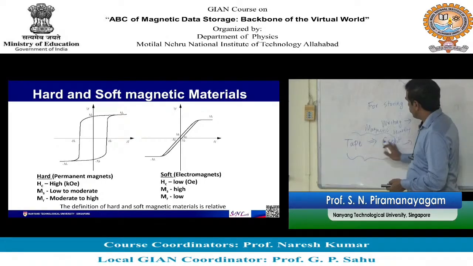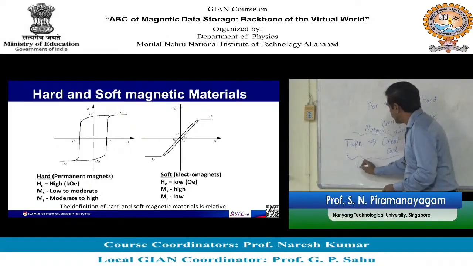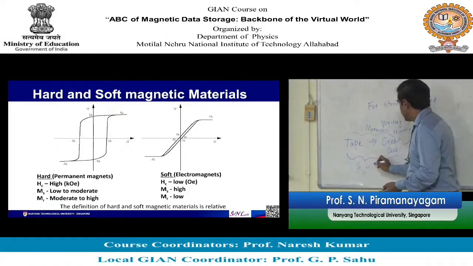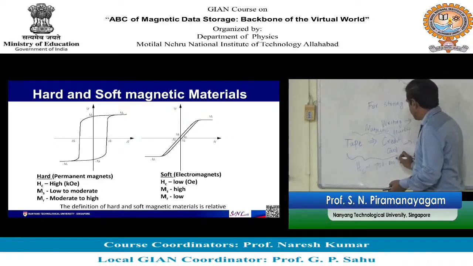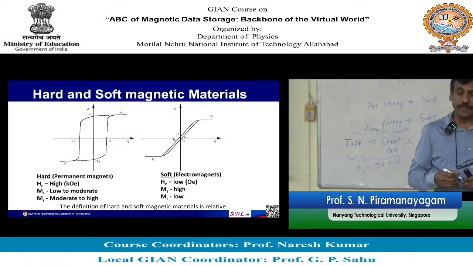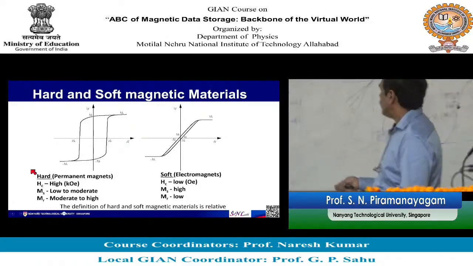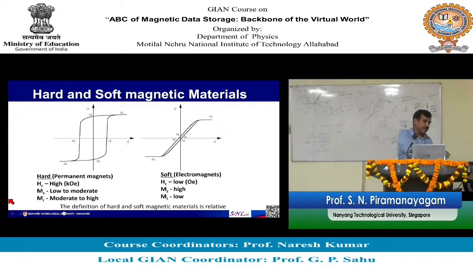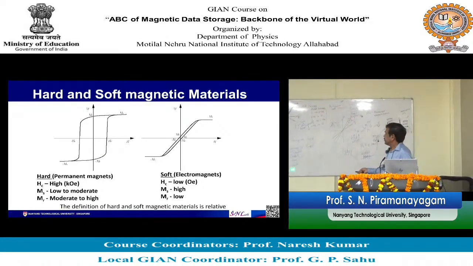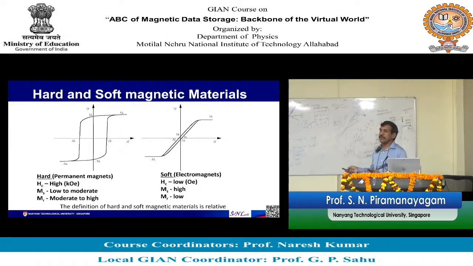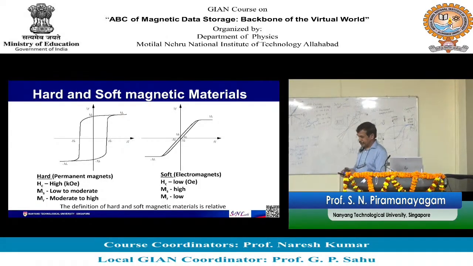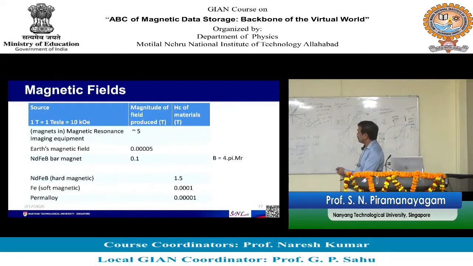So, in these materials the coercivity is only around 700 to 900 Oersted, which means if you apply a field more than 700 Oersted, the information in your tape or credit card will get erased. I just showed you before that a neodymium iron boron magnet can produce 0.1 Tesla.